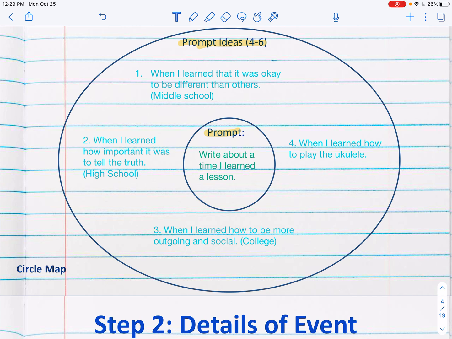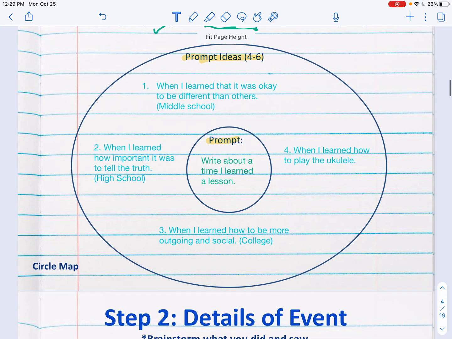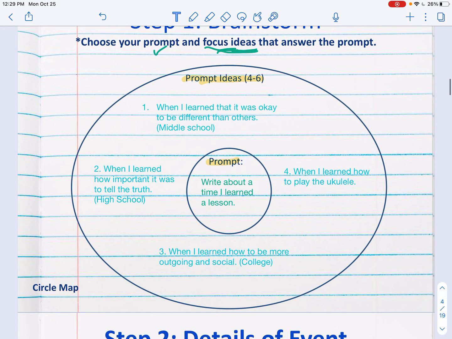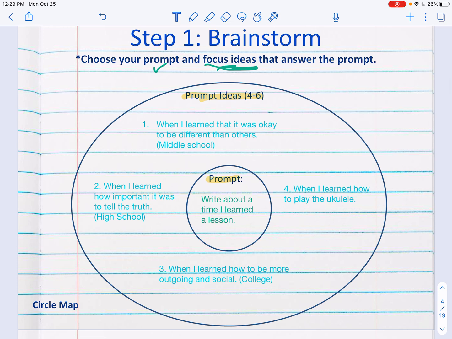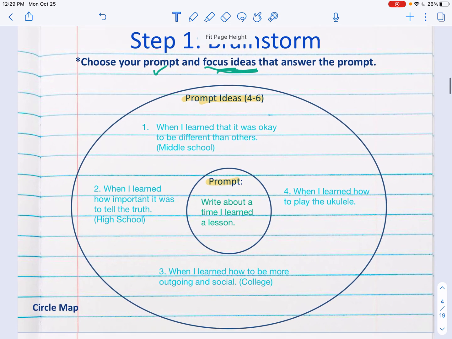So what you're going to do now is spend the rest of class coming up with your 4 to 6 brainstorming ideas. If you have any questions while you are brainstorming, feel free to ask your substitute, or you can send me an email.